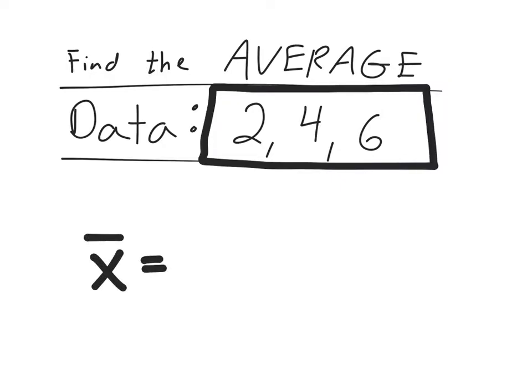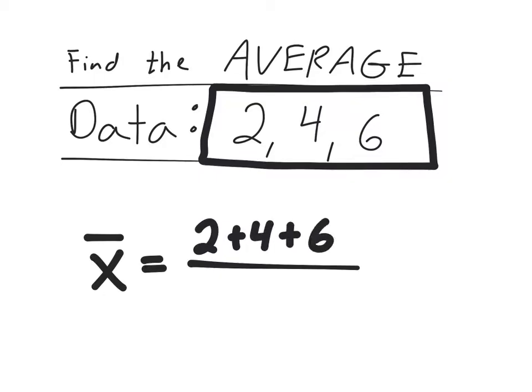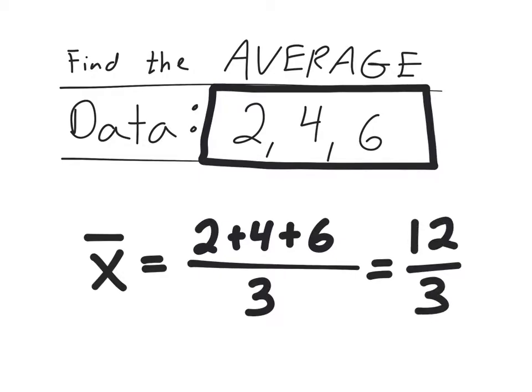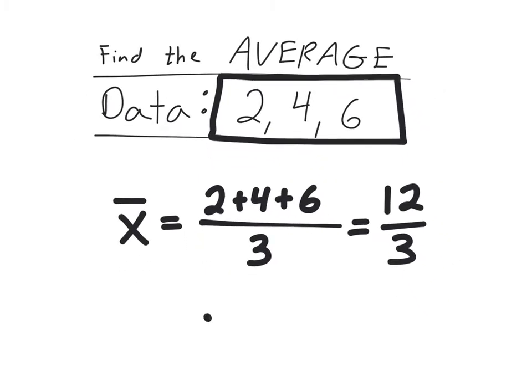So our x bar, or average, would be equal to the sum of all of our data. In this case, 2 plus 4 plus 6, and I'm going to divide by how many there are. So there's 3 pieces of data that will be divided by 3. So 6 and 4 is 10, plus 2 is 12. And we're going to find here that our average is going to come out to be 4.